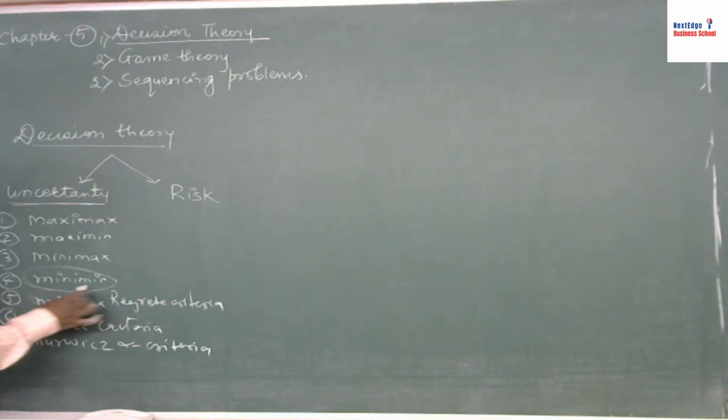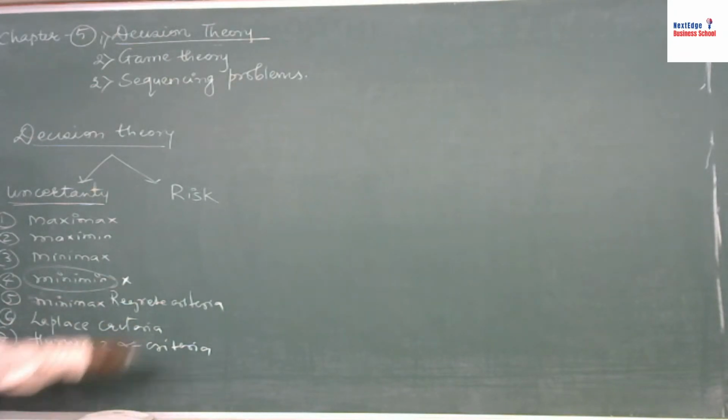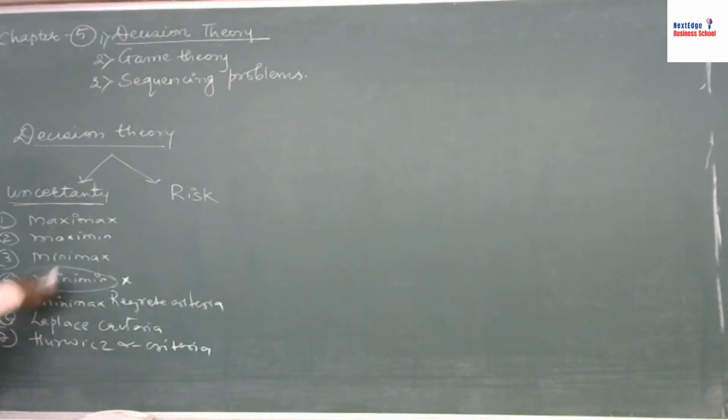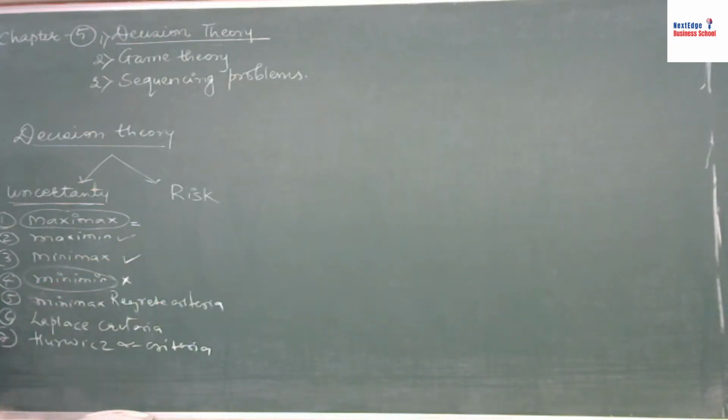So minimin is one of the methods, but generally in the examination this is not taken into consideration. Minimin and maximax are not taken so seriously, or this kind of question may not be asked, but the questions will probably be asked on maximin, minimax regret criteria, Laplace criteria, and Hurwicz alpha criteria.